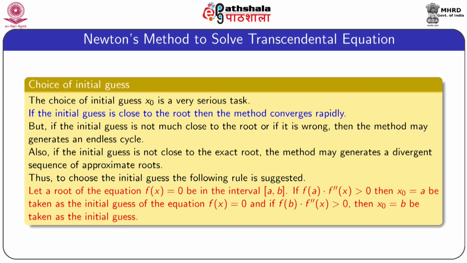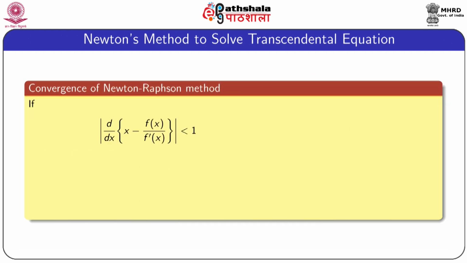So these are the rules to choose the initial guess of the Newton-Raphson method. The Newton-Raphson method is not applicable for all types of functions. For example, if the first derivative of f at xn is 0 or very small, then the method fails.